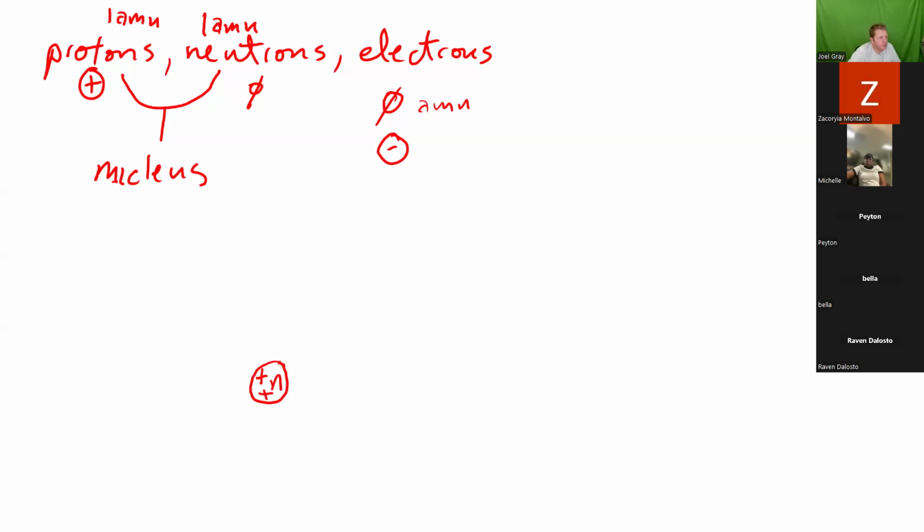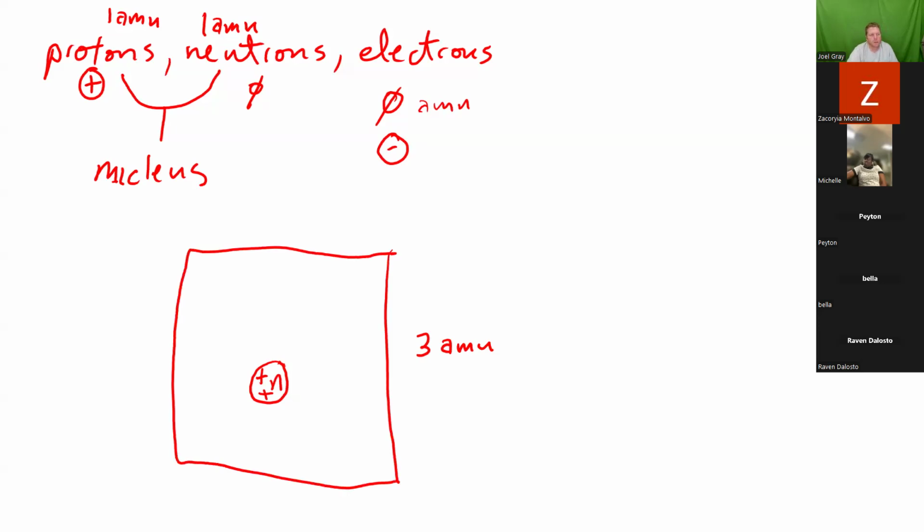This nucleus has an atomic mass of 3 AMU. The next question that I like to ask is, what's the charge of it? If I'm putting this in this box right here, I haven't drawn any electrons, so my charge is going to be +2 because I have 2 protons there.